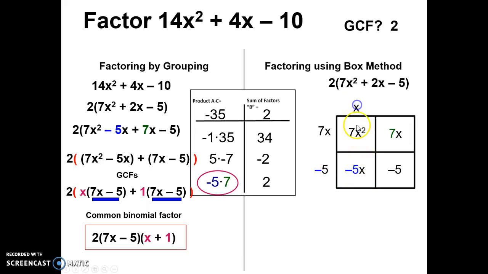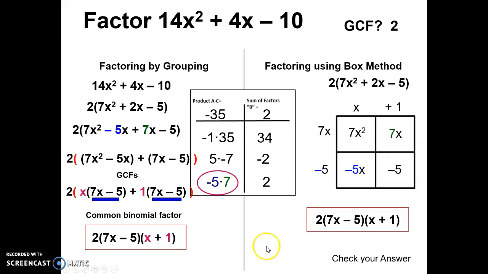GCF in this column, GCF in this column. It's just 1. And because this adjacent box is positive, that's going to be positive. So the trinomial factors into the quantity x minus 5, times the quantity x plus 2. Don't forget your GCF. All right? Same as what we got before.